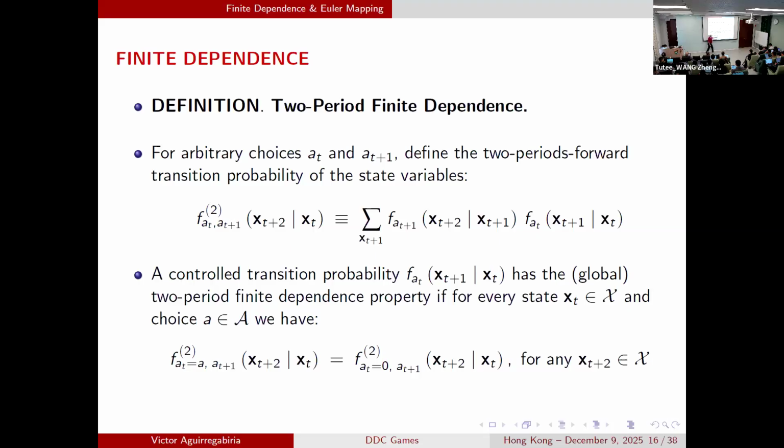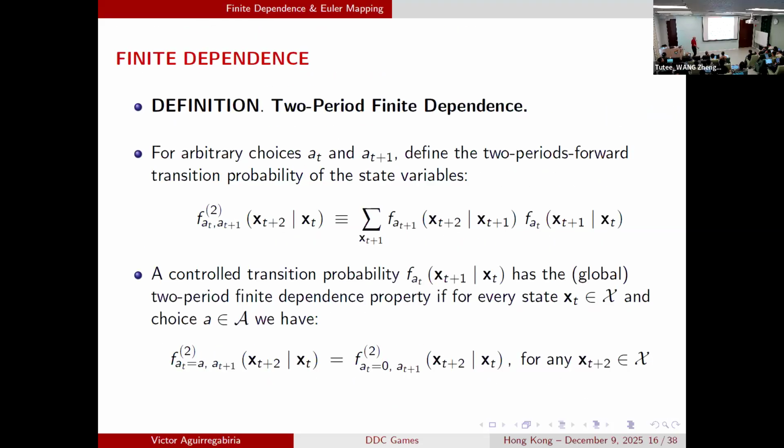There are always some actions that you can take such that the distribution of the state variables at period t plus 2 is the same under this path as under this path. This is the finite dependence definition, the two-period finite dependence.